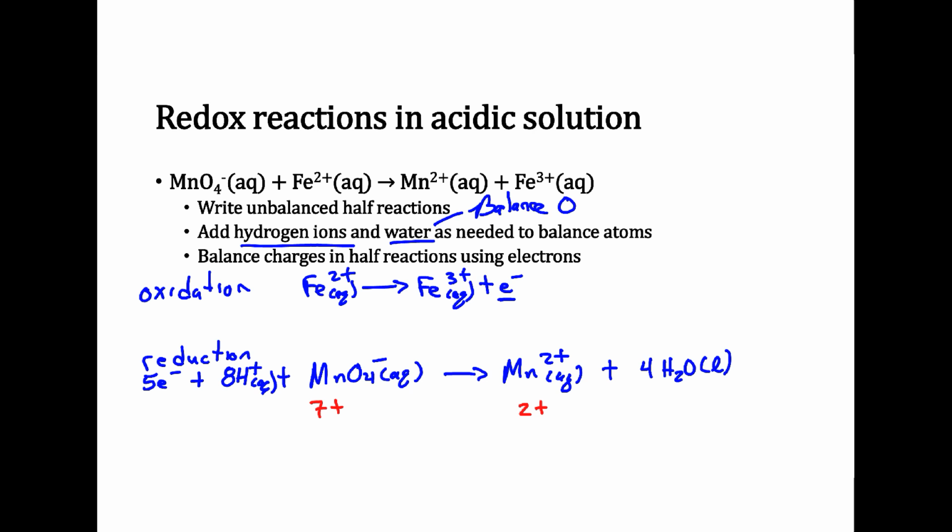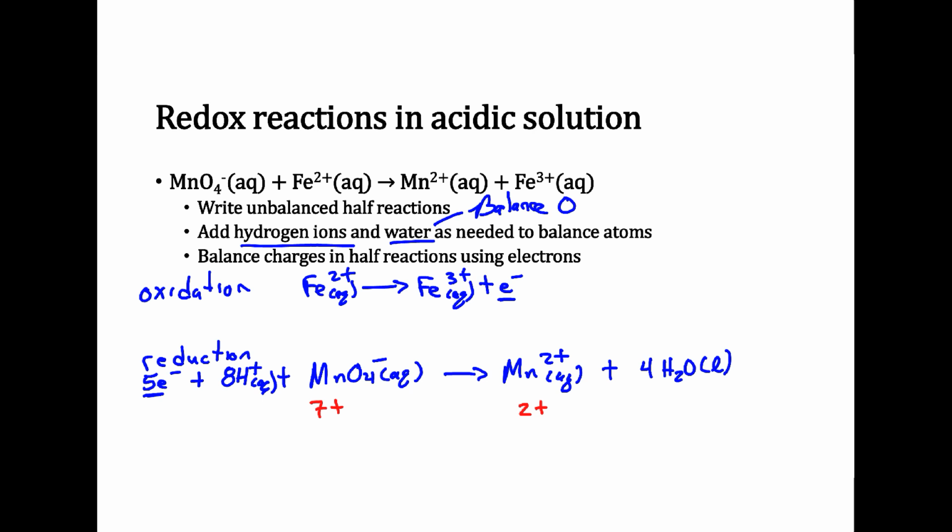So now that we have the charges balanced, we're going to have to combine these reactions. The way that we do this is we look at the number of electrons in both the oxidation and the reduction process. We have 5 electrons in the reduction process, 1 electron in the oxidation process, and we need to get these to cancel out. So we're going to balance charges by multiplying through by the least common multiple of the electrons.